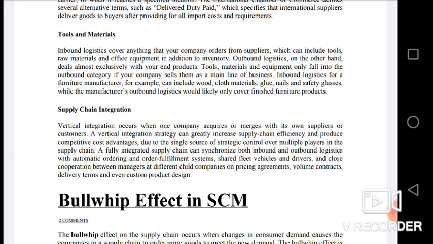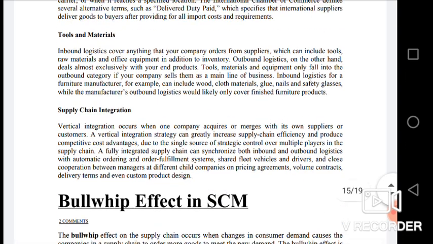Obviously, outbound means going out of the company or the business, so what we move out of the business is the final goods. Tools, materials and equipment only fall into the outbound category if the company sells them as a main line of business. If we are not dealing in tools, materials and equipment, then they will only be in inbound logistics. And if we are doing the business of these tools, then only does this become the outbound category.